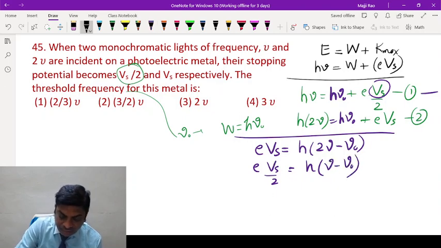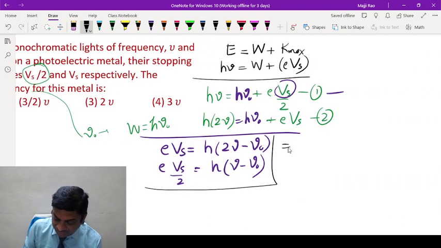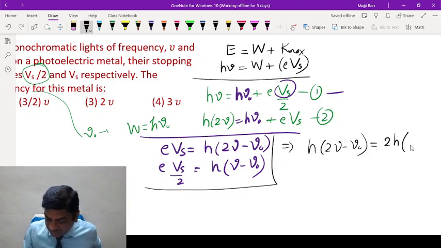So if we divide, then we have h into 2 nu minus nu naught is equal to twice h into nu minus nu naught.